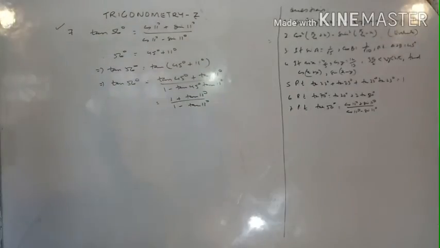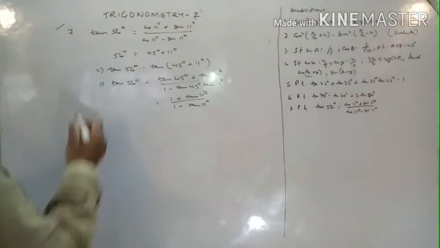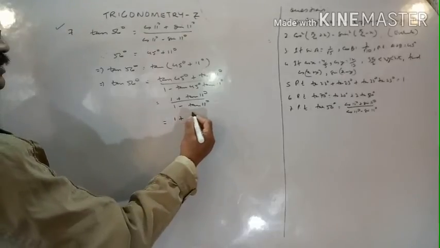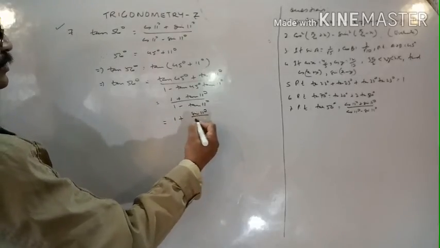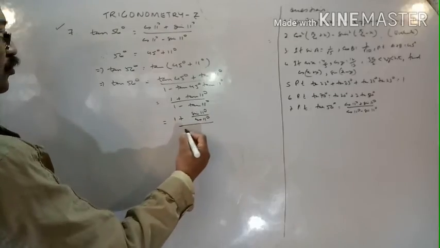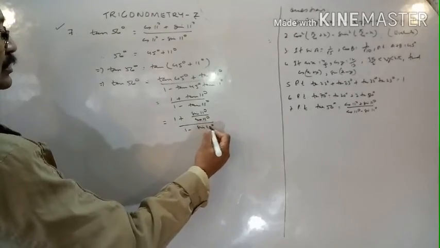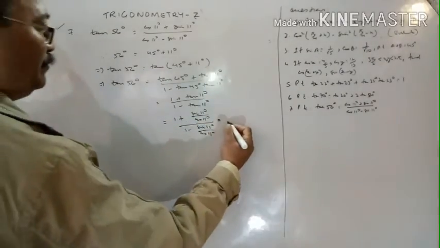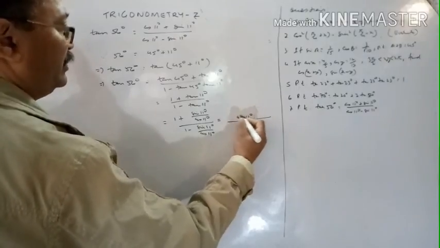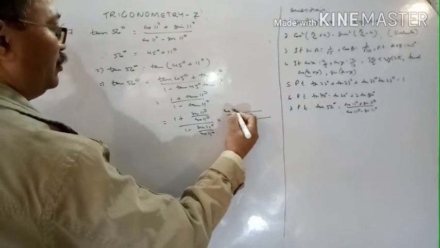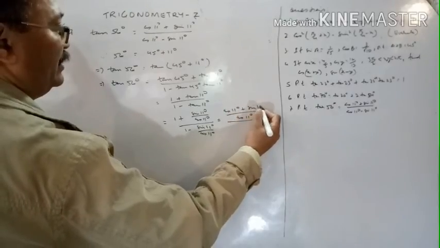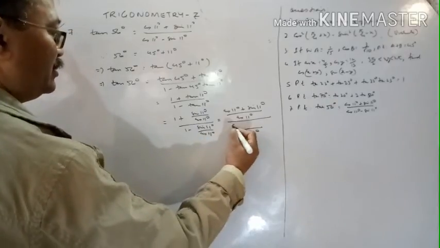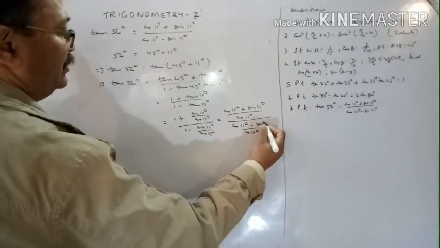So we got it in terms of tan, but if you look at the question, we have sine and cos. So we have to change tan into sine and cos. So 1 plus sine 11 degree by cos 11 degree over 1 minus sine 11 degree by cos 11 degree. If you take LCM, you get cos 11 degree. So cos into 1 will be cos 11 degree plus sine 11 degree, and cos 11 degree minus sine 11 degree.